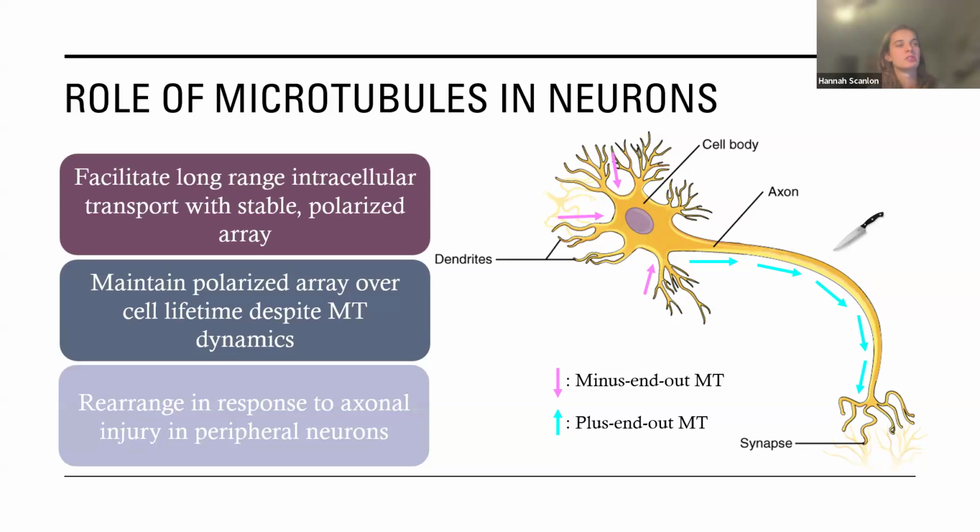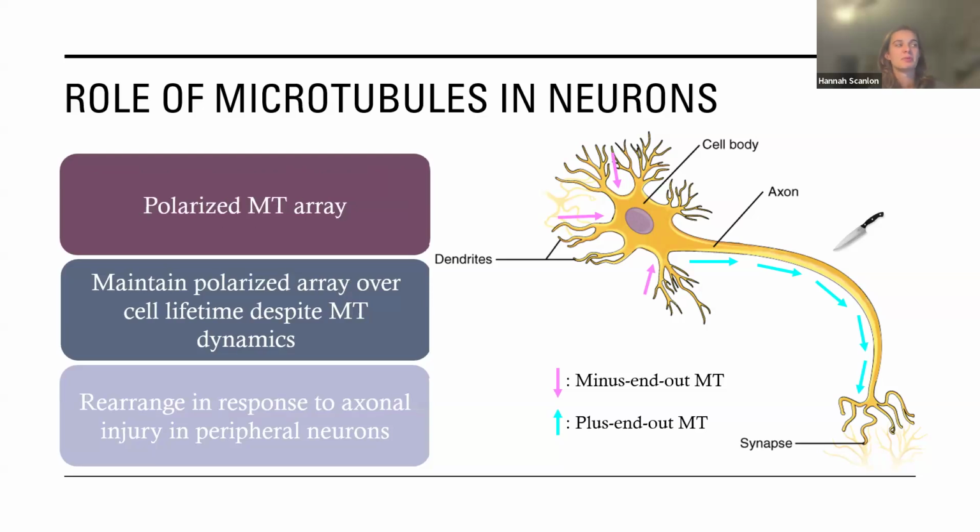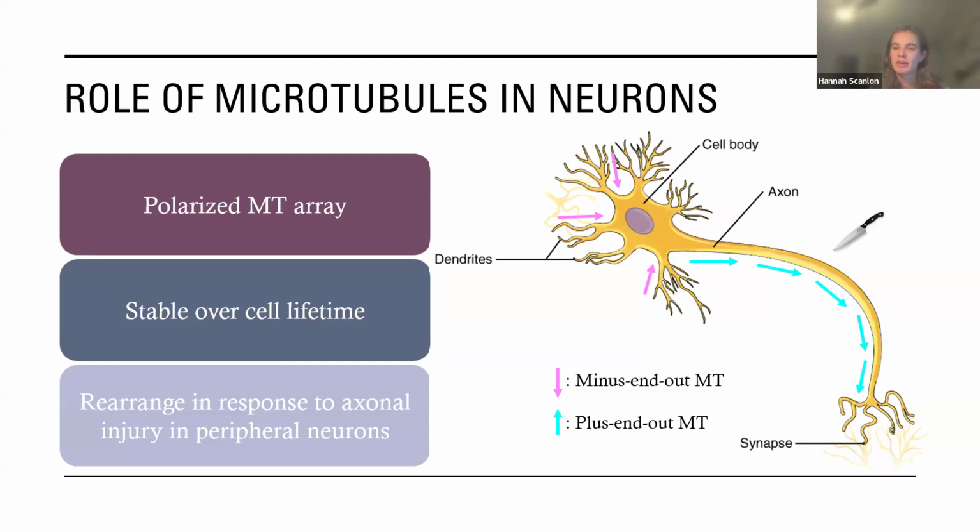Okay, so let's boil that down to slightly simpler terms. We want to identify mechanisms that, first, produce a polarized microtubule array; second, keep that array stable over the lifetime of a cell; and third, are potentially adaptive to injury with some injury mechanism.